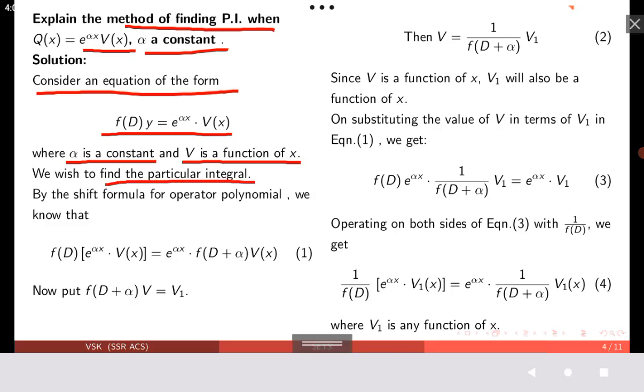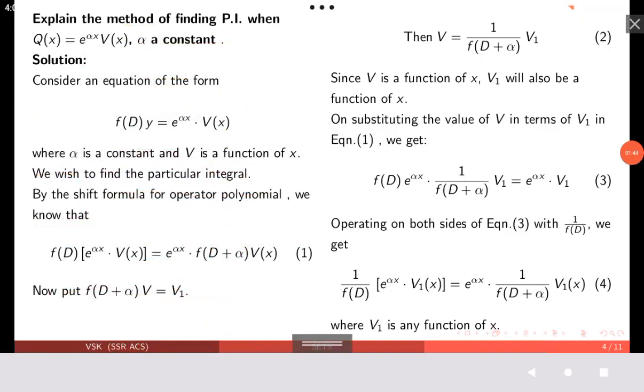By the shift formula, we know that when F(D) is operated on e to the power alpha x into V(x), this becomes e to the power alpha x, and this F(D) becomes F(D plus alpha) into V(x). Now F(D plus alpha) into V(x), that we are going to write as V1.